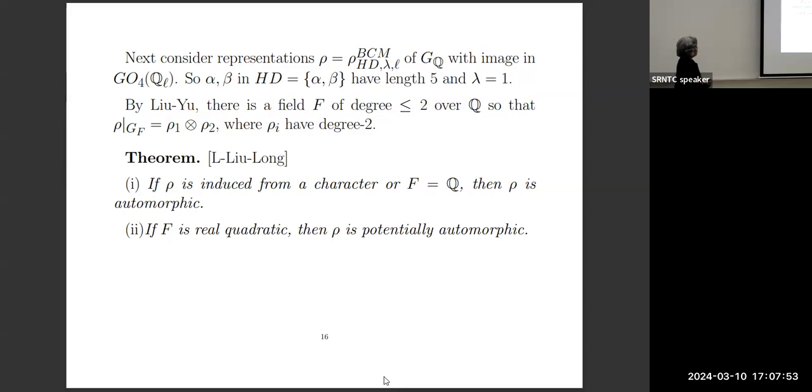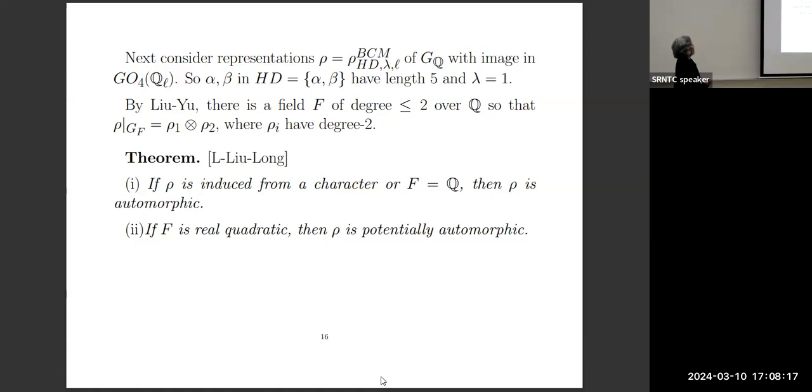Next we want to look at a BCM representation which has degree 4 but orthogonal type. To guarantee that it has orthogonal type, we take a datum which has length 5, and we look at the point lambda equal to 1, so that we know for sure the image has a GO4 shape.